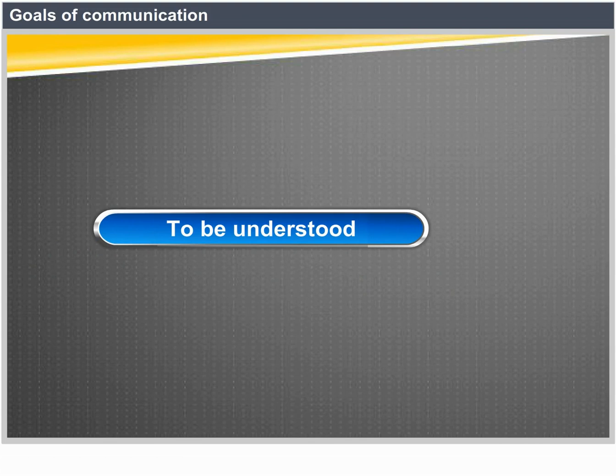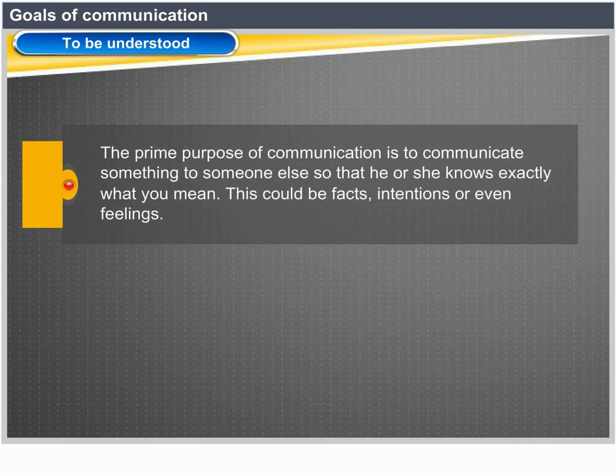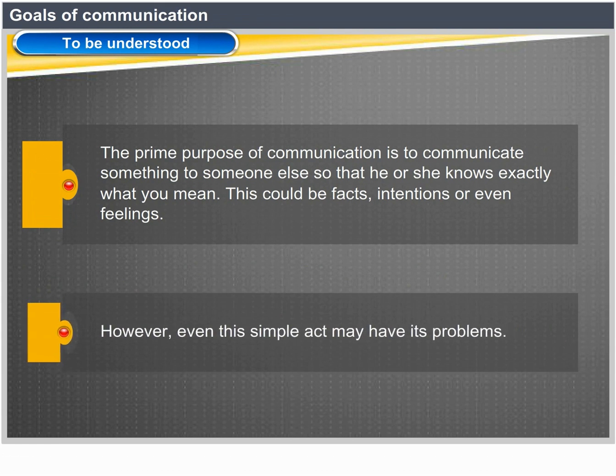To be understood. The primary purpose in communication is to communicate something across to someone else so that he or she knows exactly what you mean. This could be facts, intentions, or even feelings. However, even this simple act may have its problems.